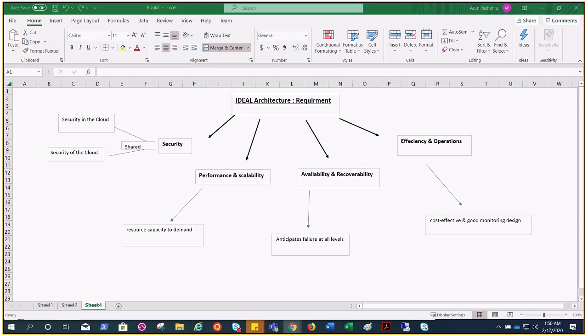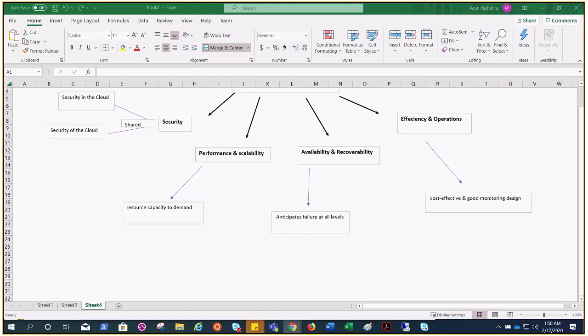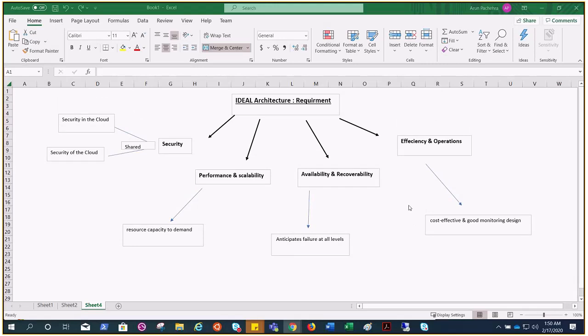Okay, now last but not the least, efficiency and operations. If you are in the cloud and your infrastructure is not highly efficient, you're just wasting your money, you're wasting your time. The benefit of cloud is there are so many tools available that can help you understand whether you're wasting your money or actually utilizing your money.